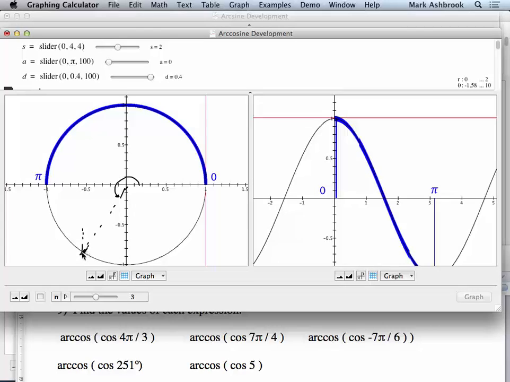What is that? 4 pi over 3. -√3/2. -0.5, yeah. Okay. So if we want it to still be -0.5, I did 4 pi over 3 minus pi to get the angle from pi to 4 pi over 3.